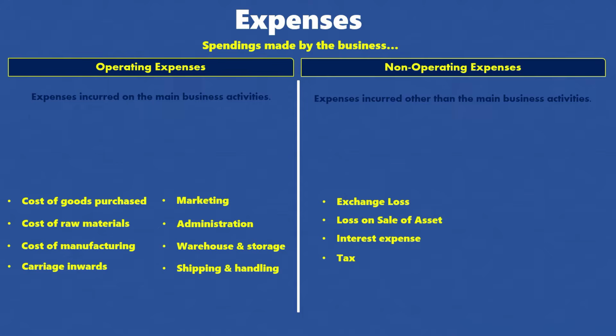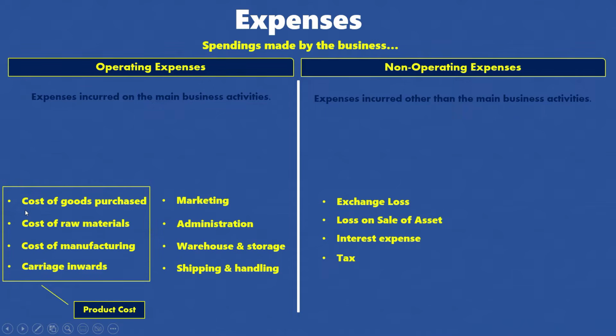Welcome back. So we have already discussed the expenses and we have classified them into operating and non-operating. Now for even more comprehensive reporting, we would further classify our operating expenses into two, and the basis on which we are going to do that is, if you look at these expenses, the cost of goods purchased, or the cost of raw materials, or the cost of manufacturing itself, or the carriage that has been incurred to bring all that together, all of these expenses are incurred on the product itself.